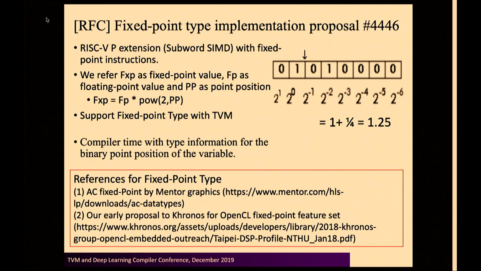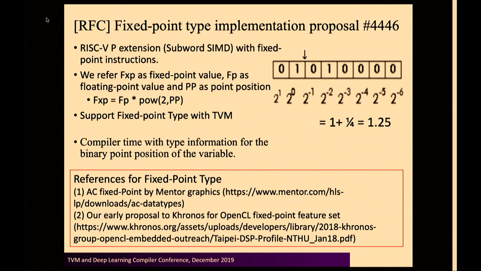Basically, a fixed point type has a binary point position, so you have the integer part and the fraction part. Because fixed point is widely used in the DSP community, there are now some high-level language specifications from different sides. For example, we have AC fixed point by Mentor Graphics, now Siemens, and also our early proposal for a kernel OpenCL fixed point feature set.